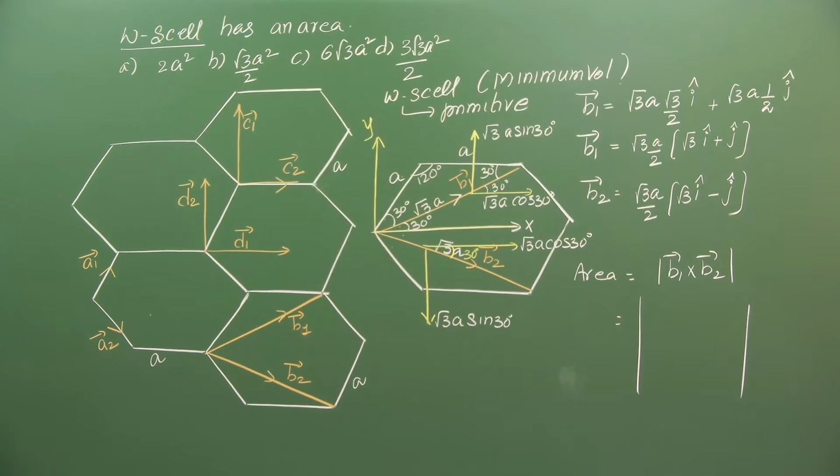The i cap and j cap components are zero, and the i cap with j cap and j cap with i cap products are same, into 2, so 2 cancel. Do it.